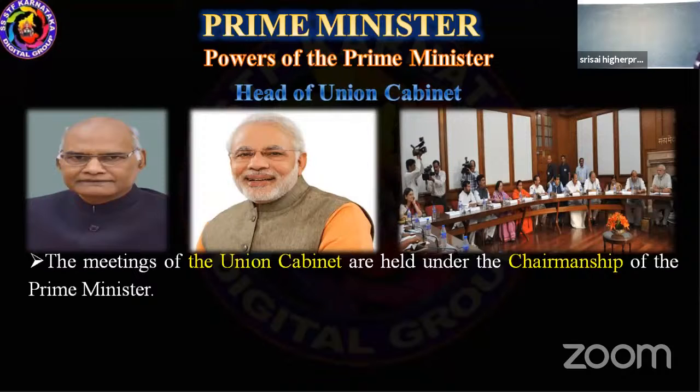The meetings of the Union Cabinet are held under the chairmanship of the Prime Minister. Whatever meetings they may conduct in a year, all those meetings will be conducted under the chairmanship or leadership of the Prime Minister, whether regarding state issues, country issues, or international issues.